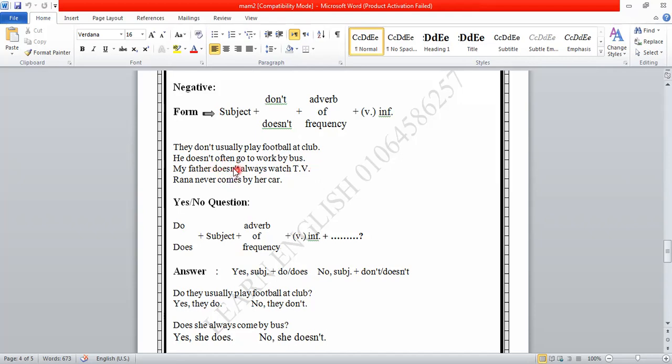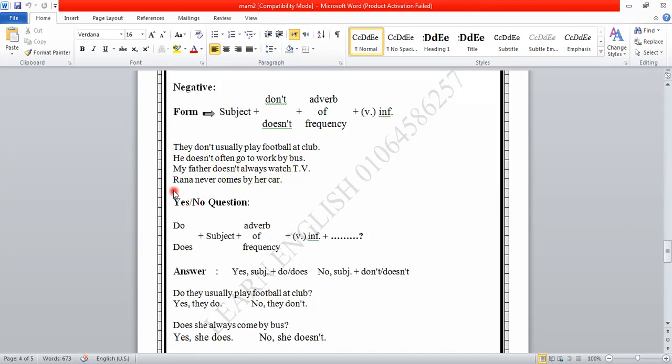We put doesn't because my father is a singular noun, and we put the adverb of frequency always. Then we changed the verb to the infinitive form without adding anything, like we see, watch.